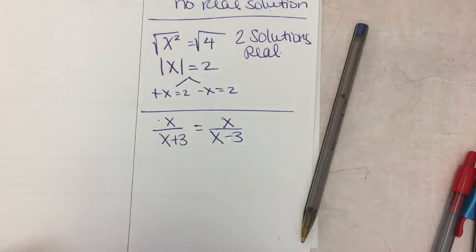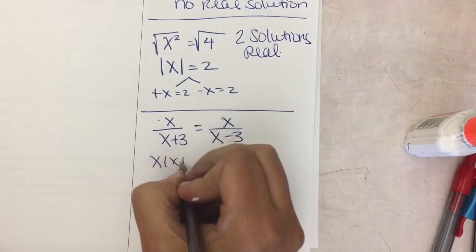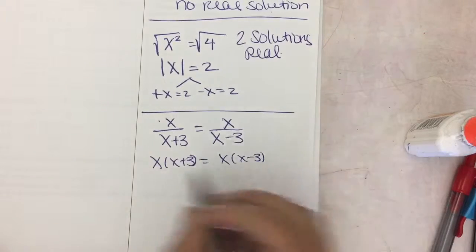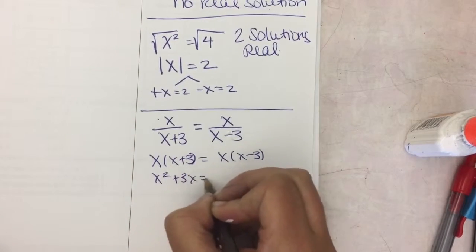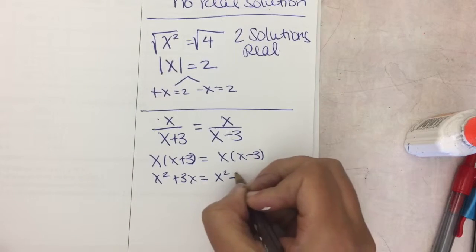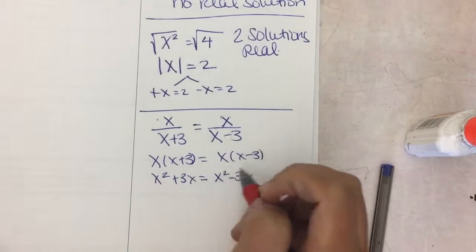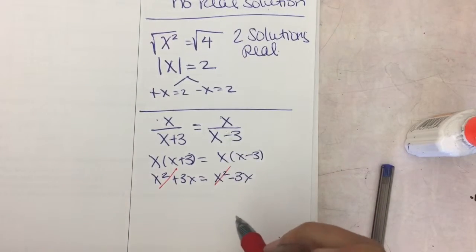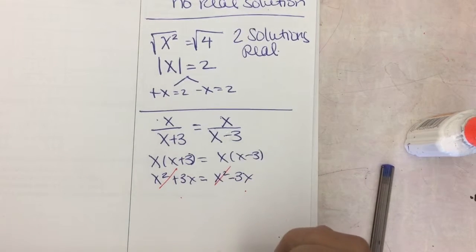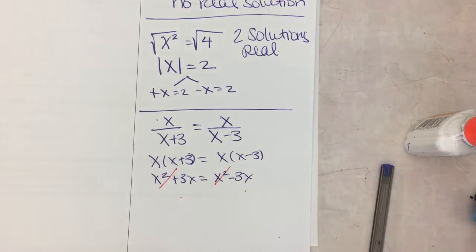If you cross multiply on something like this, you would have x times x plus 3 equals x times x minus 3. That'd be x squared plus 3x equals x squared minus 3x, but your x squared terms would cancel here. Dang it, I thought I was going to give you one with no solution there. That's going to be 6x equals 0. So I guess that works, but I was hoping that it wouldn't. Anyway, I'll show you when that one comes up and come up with a good example.